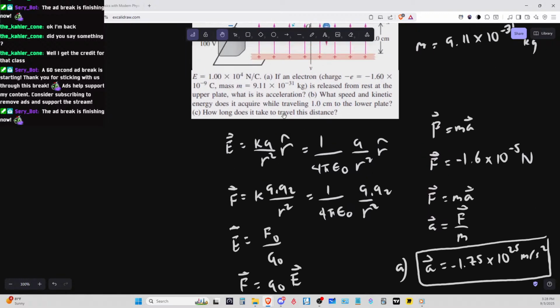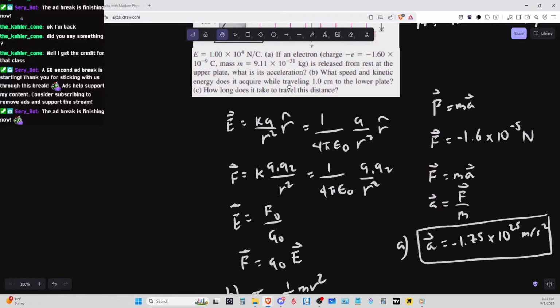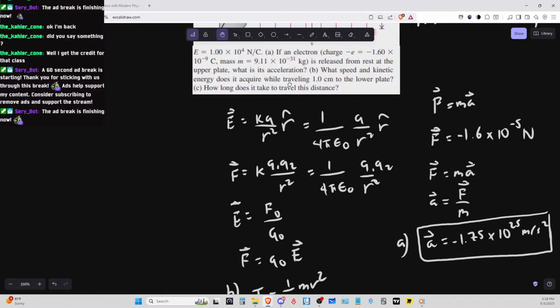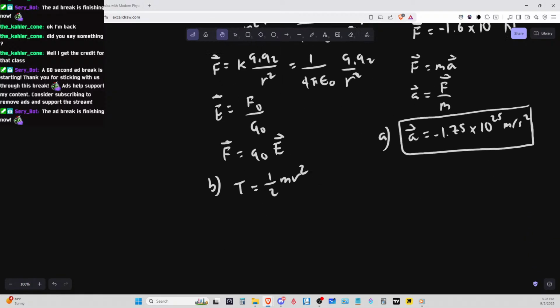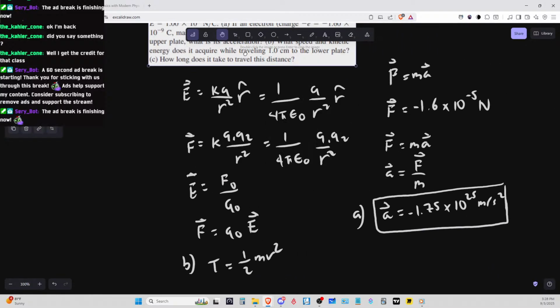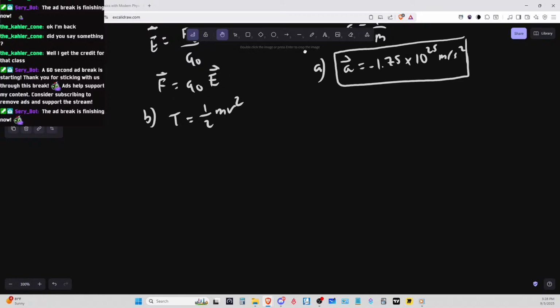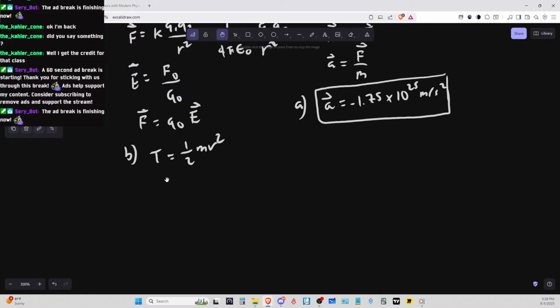So we have to think about the kinetic formulas. I might as well write them down because there's only 3 of them.